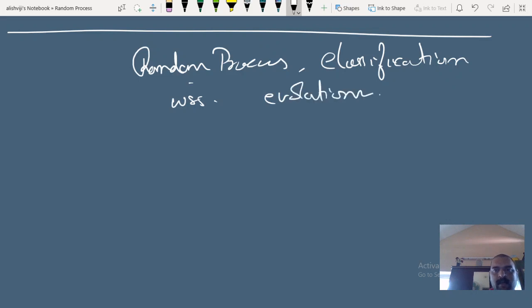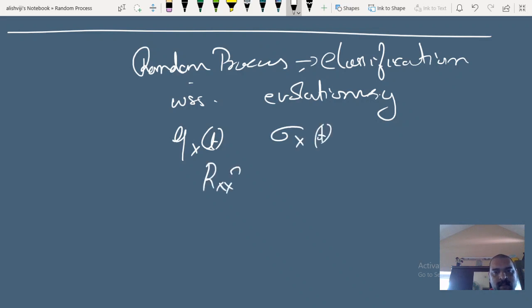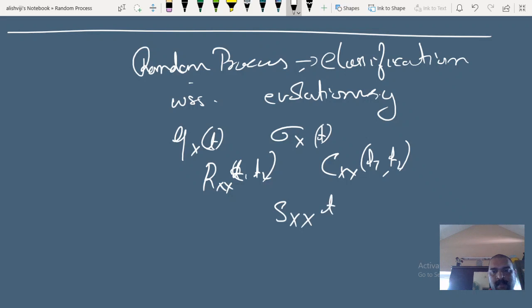They are all classifications of random process, and for a random process we calculate the mean function, the variance function, the autocorrelation function, the autocovariance function, and in this class we have the expression for power spectral density.